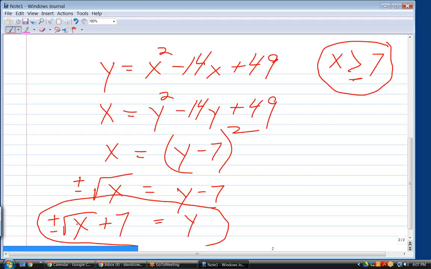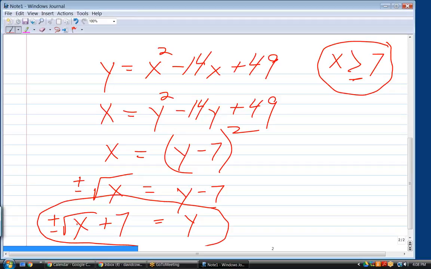Well, are you sure the restriction was x is greater than or equal to 7? Yeah. Okay. Interesting. Do you have answers on these?